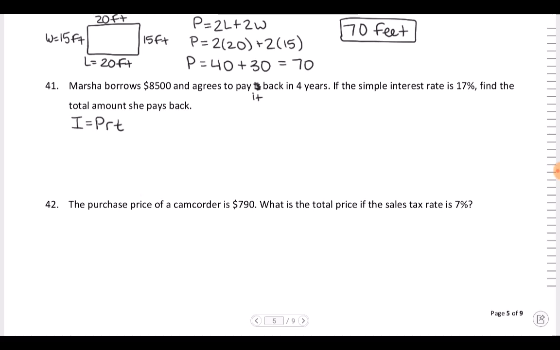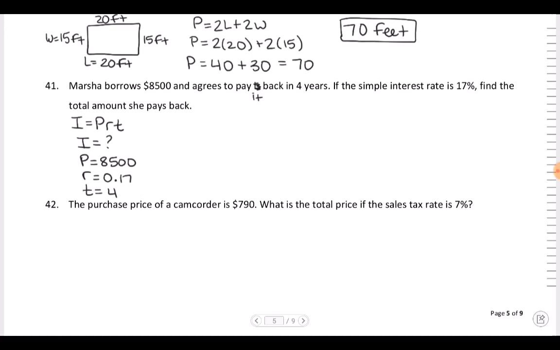And so we know that I is the interest amount, P is the borrowed amount, R is the interest rate, and T is the time in years. So Marcia borrows, that's the principal, $8,500, and agrees to pay it back in 4 years. So that's my time. And the rate is 17%, which as a decimal would be 0.17. Find the total amount she pays back.